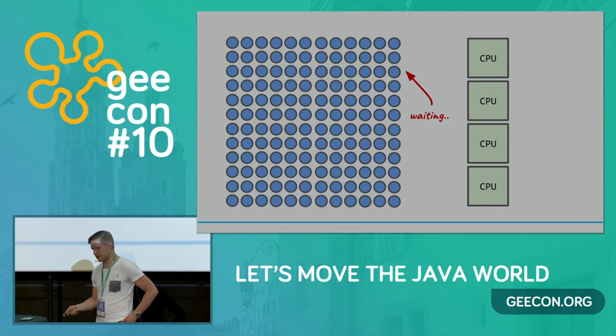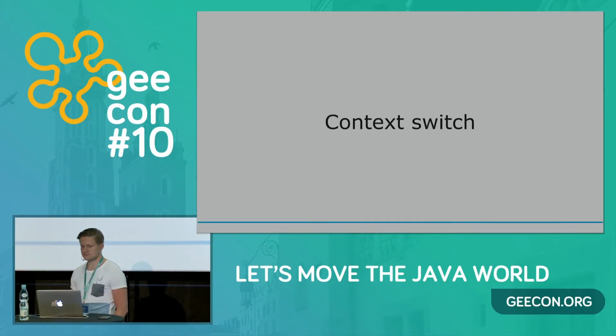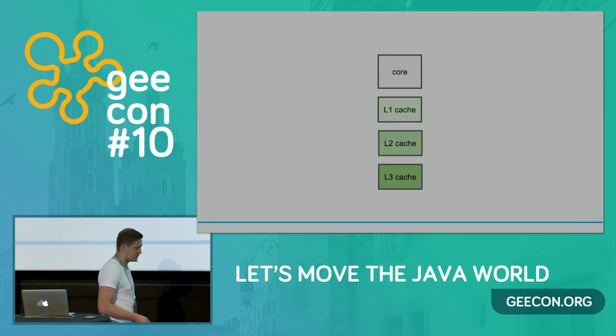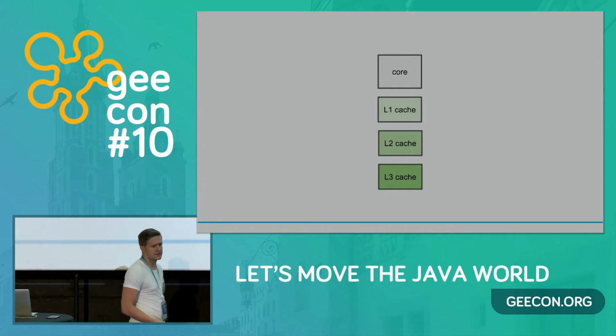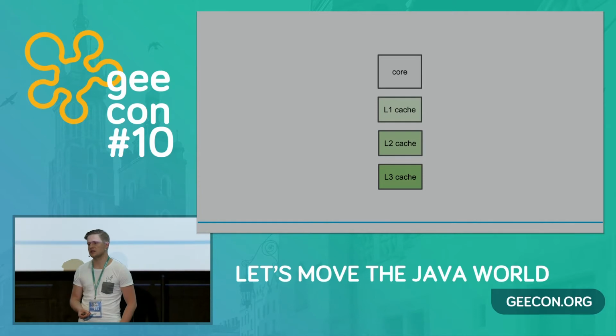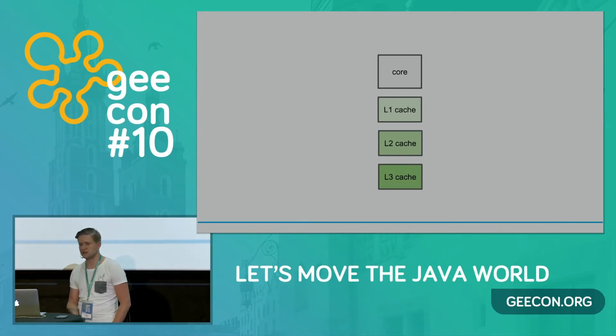And there is the other effect, which might be deadly, and it's called context switch. To talk about context switch, we have to talk a bit about why our CPUs are so fast. CPUs are fast because they cache a lot of things, and in the standard architecture there are 3 levels of cache: L1, L2, and L3.